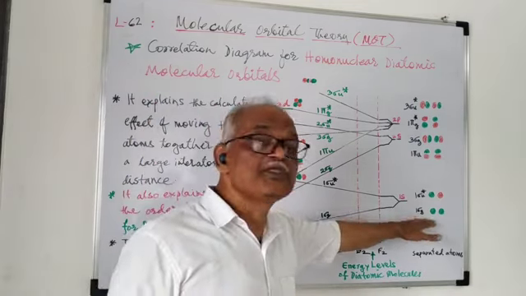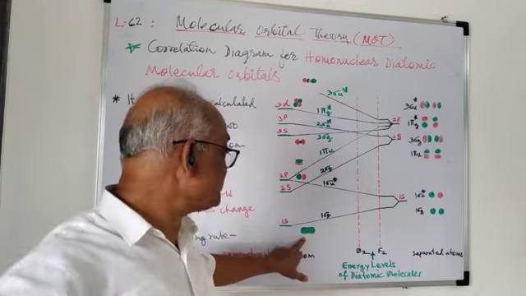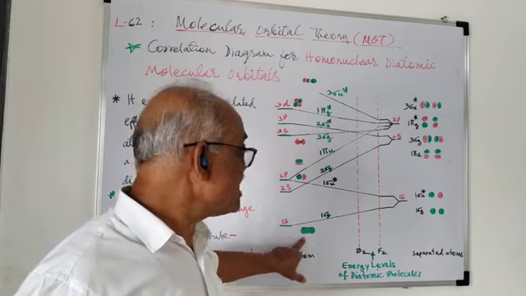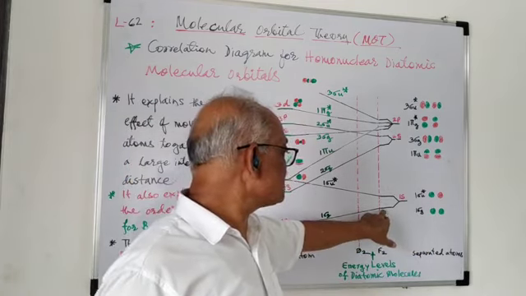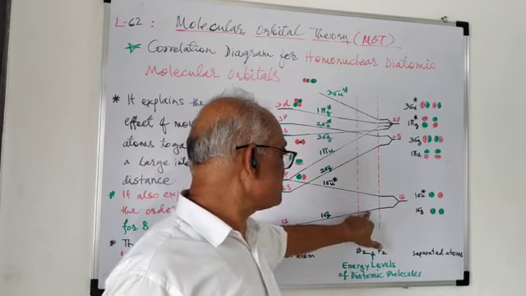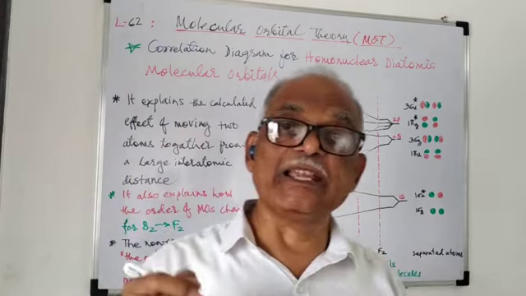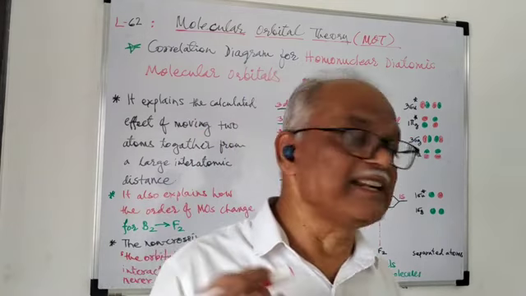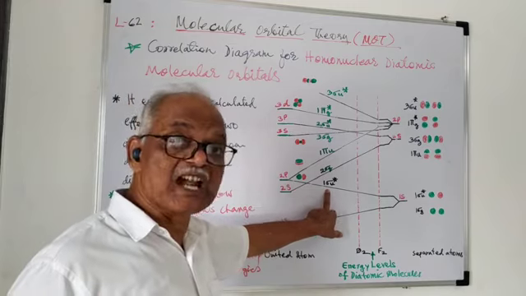Their individual atomic orbitals are converted into atomic orbitals, not molecular orbitals. But when two atoms, say hydrogen atoms, are brought to a certain internuclear distance, they are converted into molecular orbitals of bonding and antibonding nature, like 1 sigma g and 1 sigma u star.